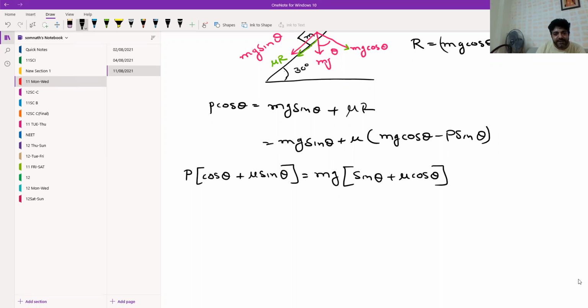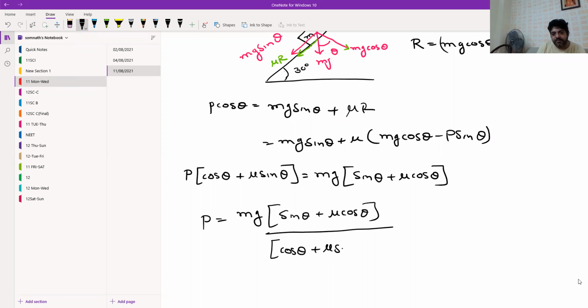So my P is mg times sine theta plus mu cos theta, divided by cos theta plus mu sine theta. Now you can do one thing.